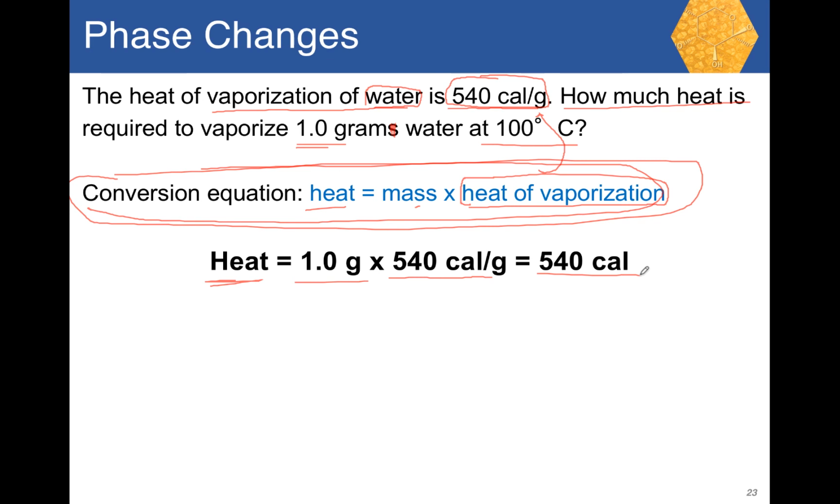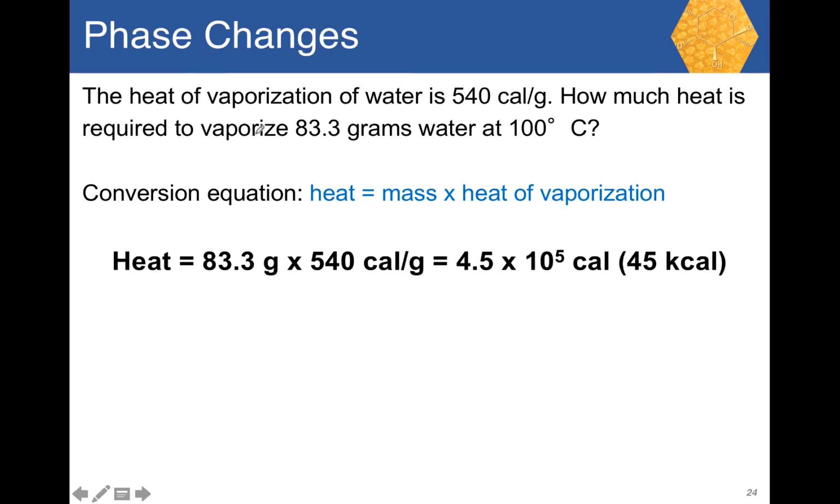So it takes lots of heat to break the intermolecular attraction in liquid water to convert it to steam. That's why it's known that steam burns you much more than hot water, because of the heat that's acquired in vaporization of the liquid water.